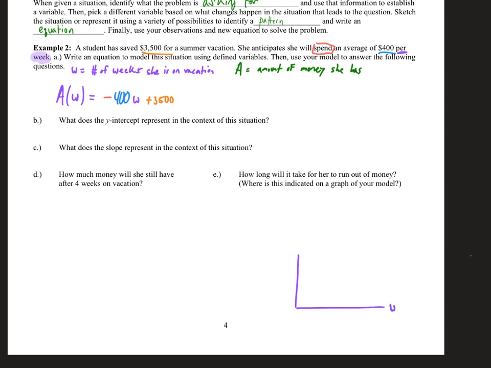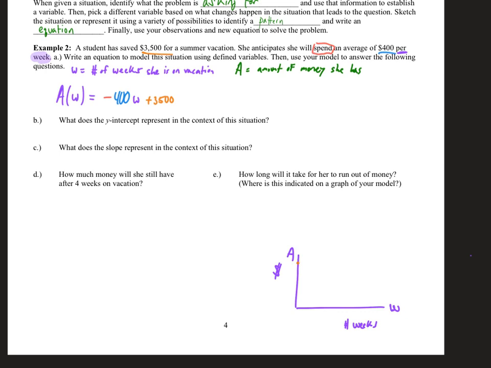So this would be my W-axis, because that's the x, and this would be my A-axis, since it's acting like my y, and that's in money, and this is the number of weeks. Think about that. That would normally be our y-intercept. Well, our y is A, so it's going to be my A-intercept.